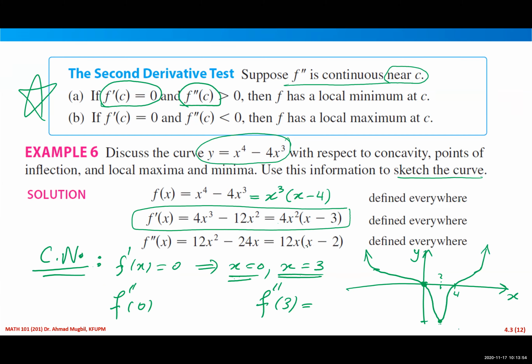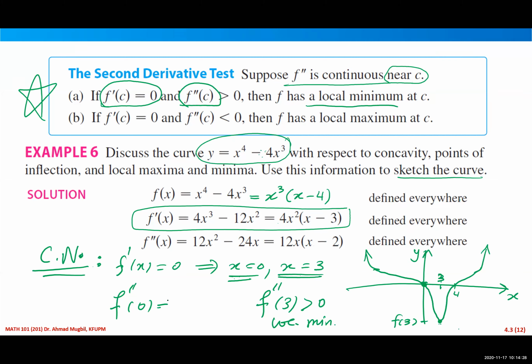Is it positive or negative? Don't evaluate it exactly. It is positive. So according to the test, we have a local minimum at 3. The local minimum is the value of the function at 3. Go to the original function, put 3 instead of x, and you will find that value. We will see it in the next slides.